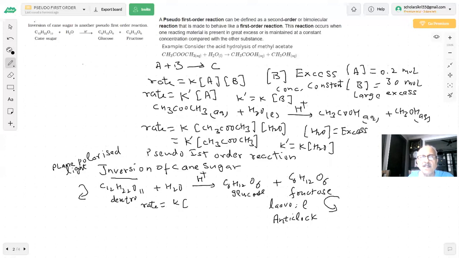This is my C12H22O11, and you have H2O. Water is in large amount, so the reaction behaves like this, first order, with K dash times C12H22O11. This is another example of the pseudo first order reactions.